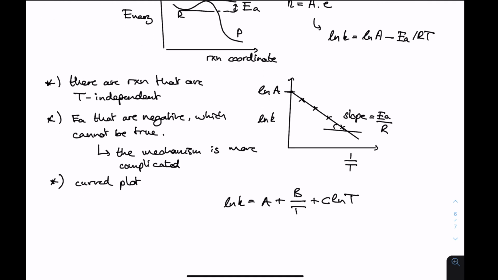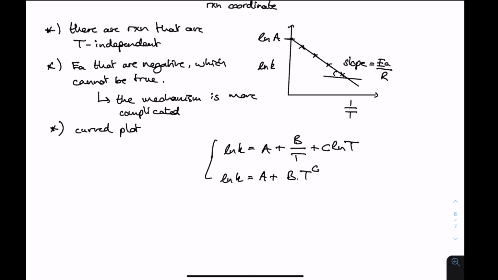More recently, people started using ln k equals A plus B times T to the power C. Again, these are at this point not derived from first principles, but it's just a way, for a given reaction where you want to know how it behaves at different temperatures, for example in industry, where it can be quite important, to use these kinds of relations to explain the reactivity.